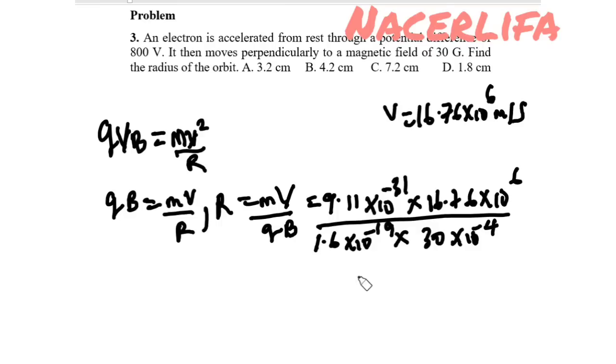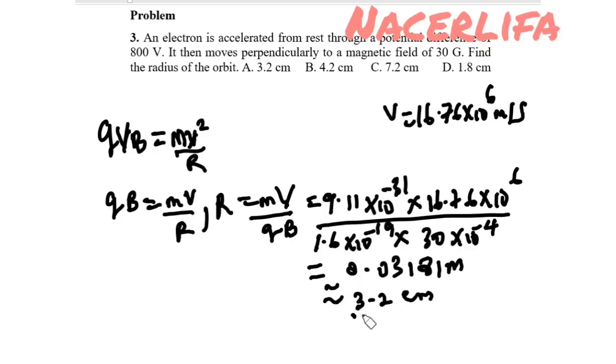So once we do this, we have 0.03181 meter, and this is approximately 3.2 cm. Once we multiply this by 100, we have it in cm. So option A is correct. So the radius of the orbit is 3.2 cm.